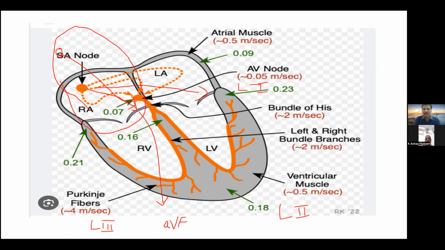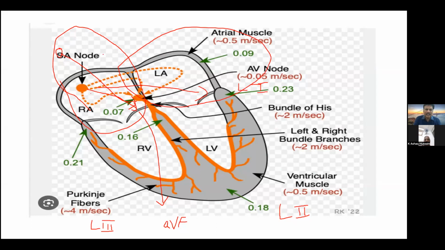Longer time means, you see the P wave takes longer time, and because it travels for a long time, you will see changes in lead 2, and in leads 3 and AVF also. Lead 2 is predominantly affected. Similarly, when there is left atrial enlargement, see, the left atrium is enlarged like this.